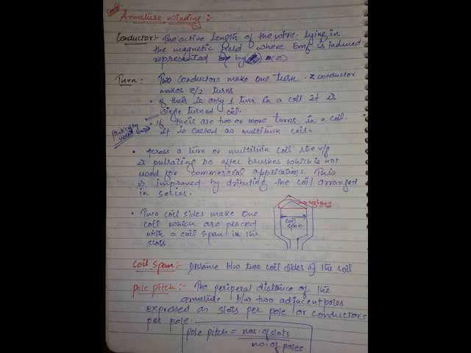Next. Make a note now. There are always 180 electrical degrees under a pole.